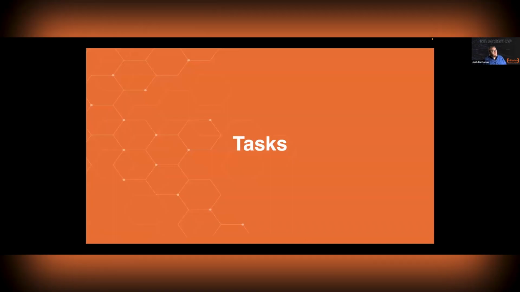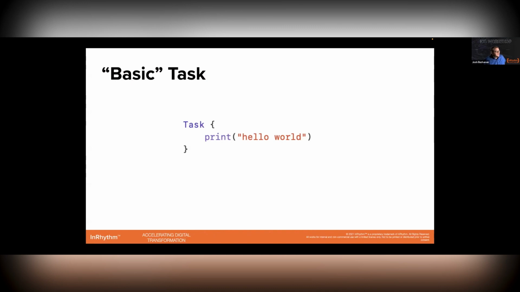Okay. So let's talk about tasks. It's a little bit of a review from what Hamid talked about, but this is a basic task. Inside of the task itself, we've created a concurrent environment where asynchronous code can work. The compiler knows how to handle this. The compiler knows how to behave. This is a basic task.